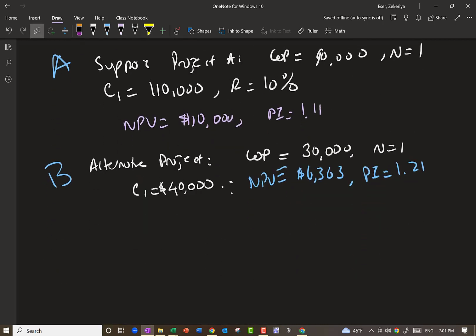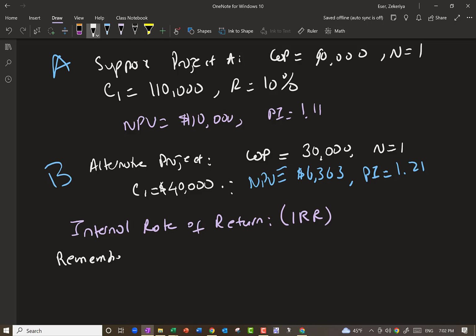Our next one has a similar problem, in addition to problems of its own: internal rate of return, also known as IRR. Okay. Consider the equation. Remember the NPV definition.